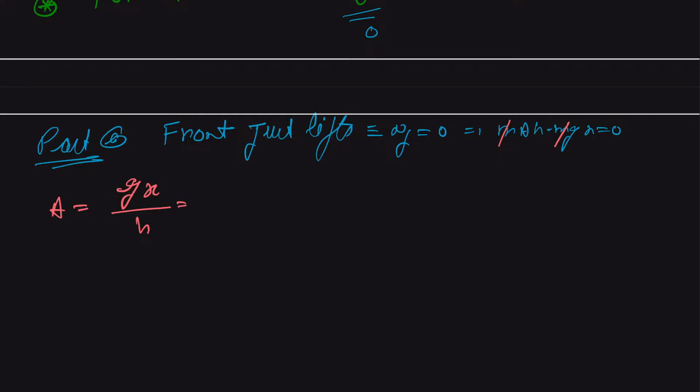We simply substitute their values. This is 9.8 times X, and X is exactly the midpoint, that is 1.3, and height is given as 0.7.